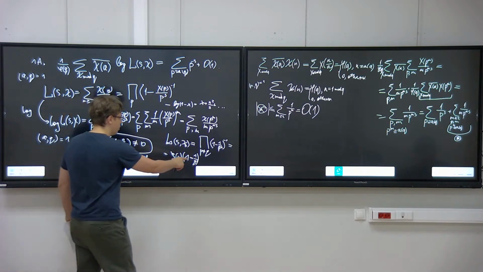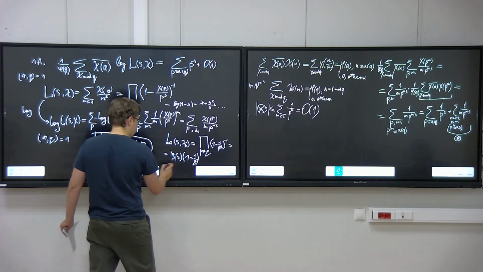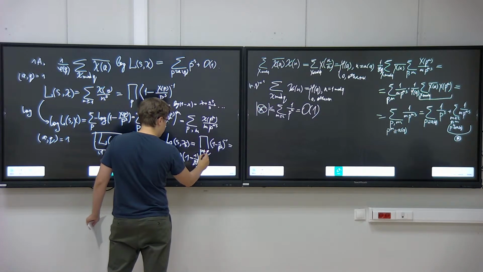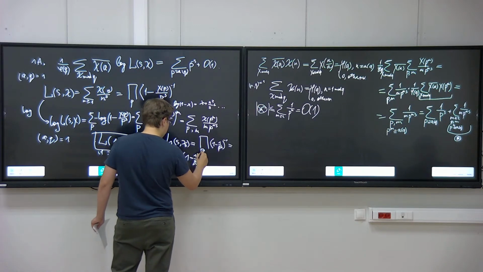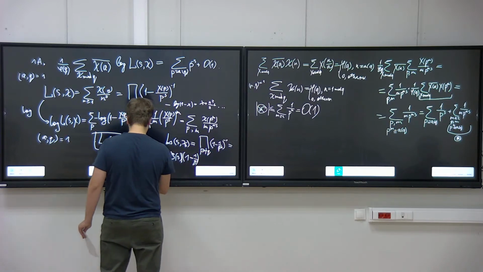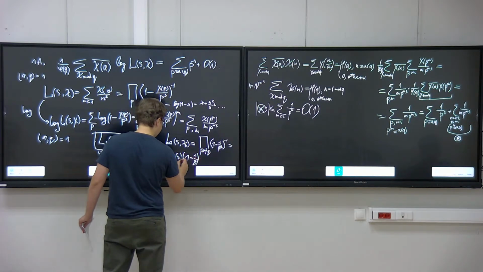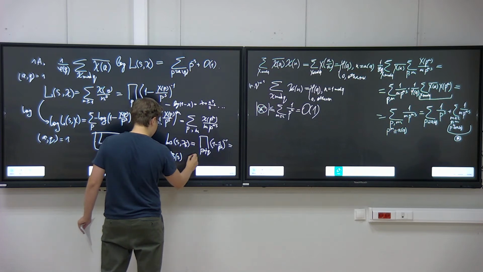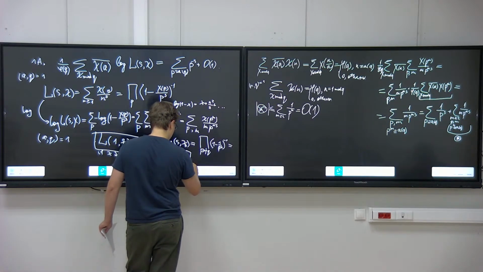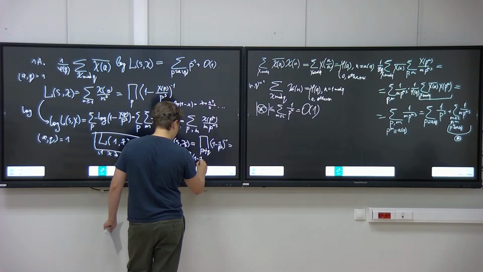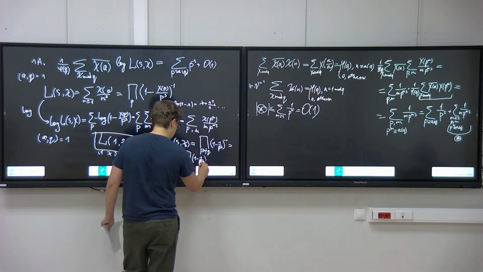No, q is not prime, so I should write here that p does not divide q, and here will be a product over primes that divide q. Now it should be correct. Do you agree?